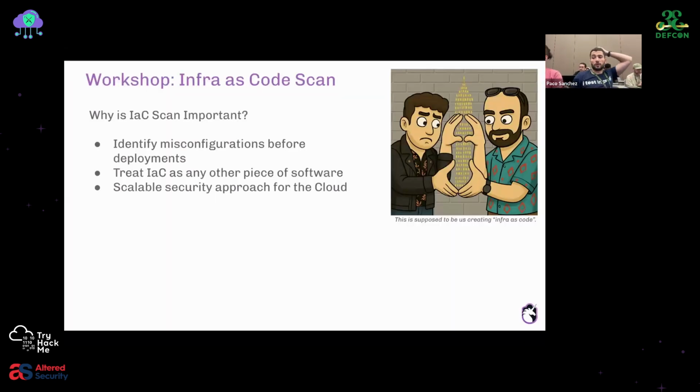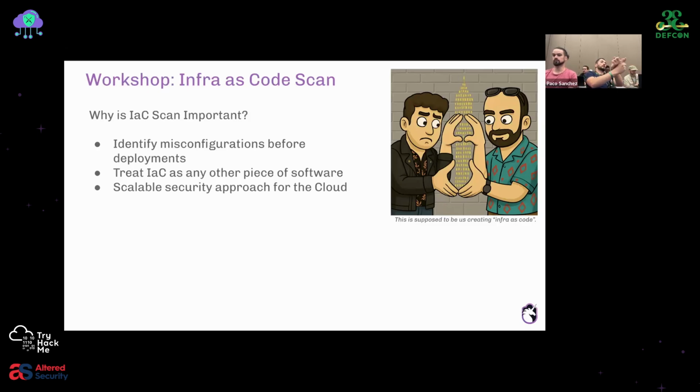Okay. So the scan for the infrastructure as code, pretty simple. Basically, the main point of this is to try to prevent vulnerabilities or issues from going to production before the infra is created. Another important thing is that having an automated scan in a pipeline totally connects with the point of treating the infrastructure as code like any kind of software.